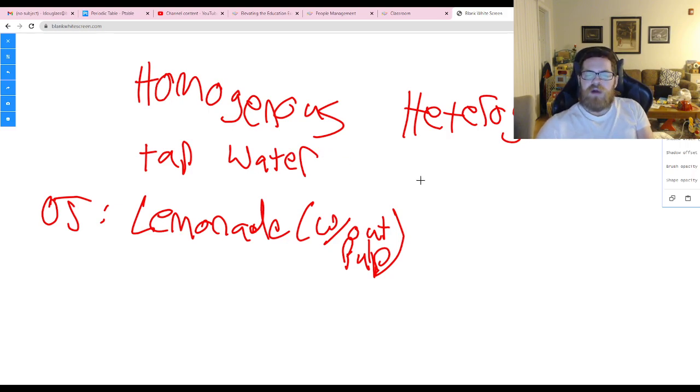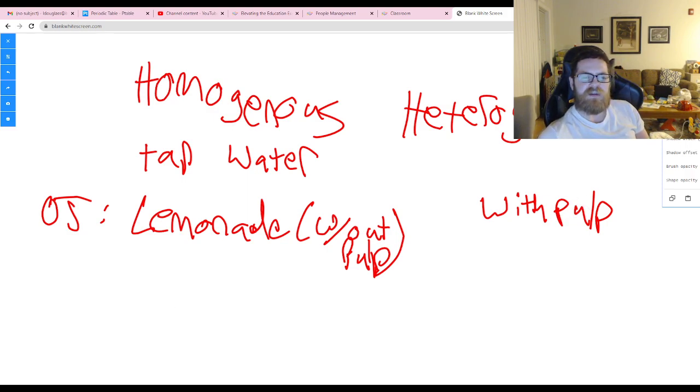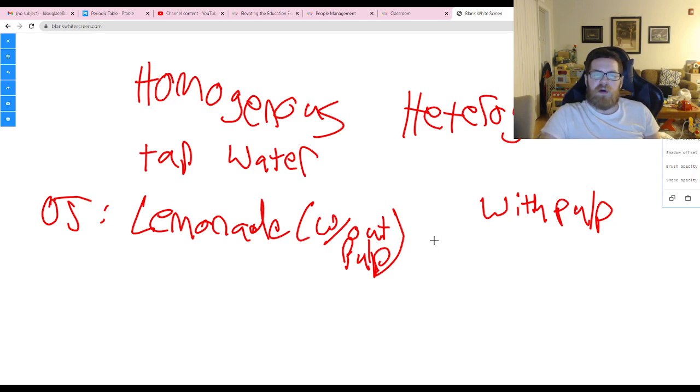For heterogeneous, you can probably imagine then, you throw in the pulp and there is a separate substance that you could physically identify or physically feel. You're drinking it and you can tell one part from another. You can see the pulp floating around and you can distinguish one part from another. It is heterogeneous. Another example here could be milk.